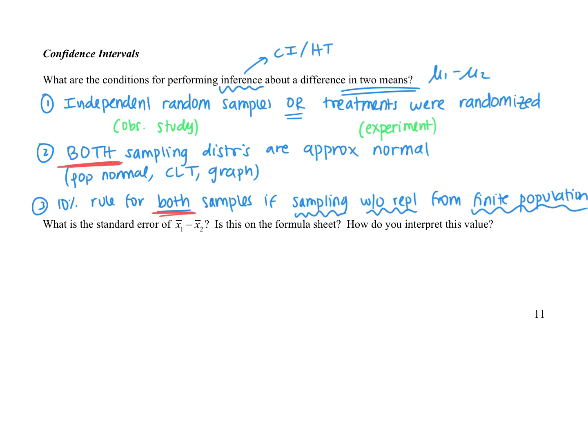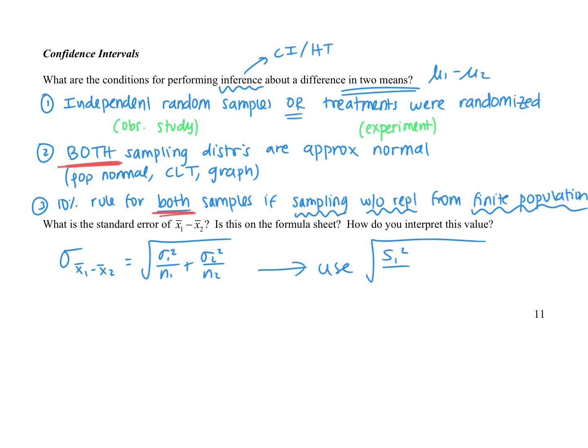Okay, standard error. Oftentimes we don't know the standard deviation of the populations. So our standard deviation of the sampling distribution, we said is the first variance added to the second variance. But we've talked about before that's not realistic. Oftentimes we don't know sigma. We don't know the standard deviations. So instead what we do is we use the sample standard deviations.